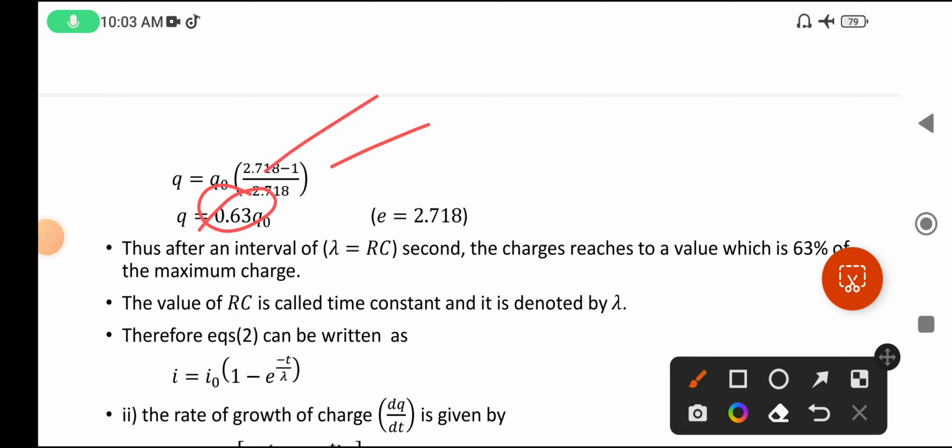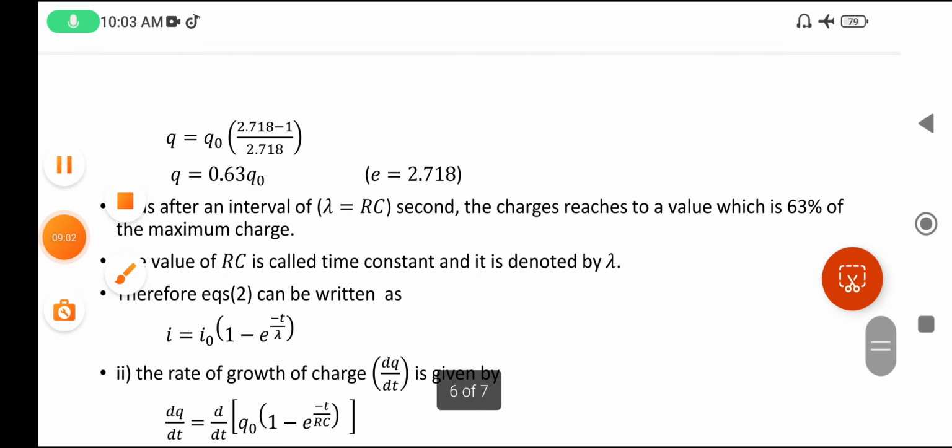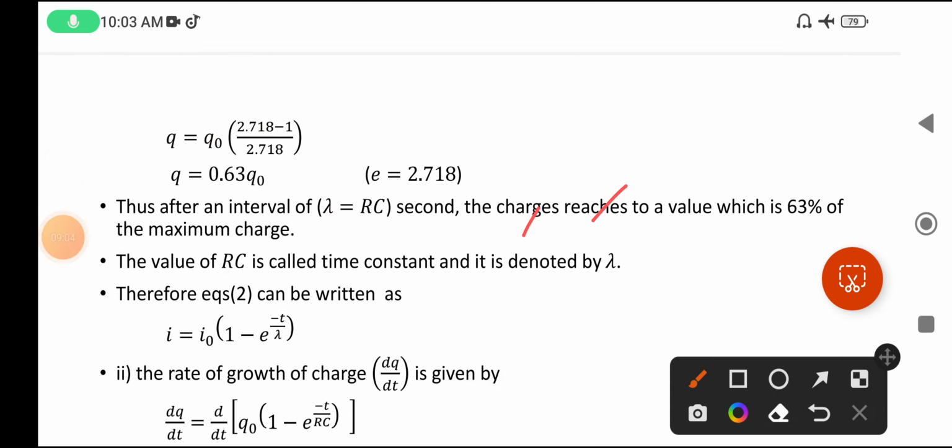Thus after the interval t, generally t equal to RC, where lambda is called the time constant of RC, the charge reaches 63% of the maximum charge. So the charge can grow only up to 63%, and the remaining 37% takes infinite time.